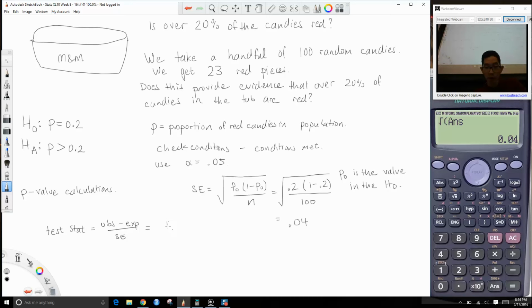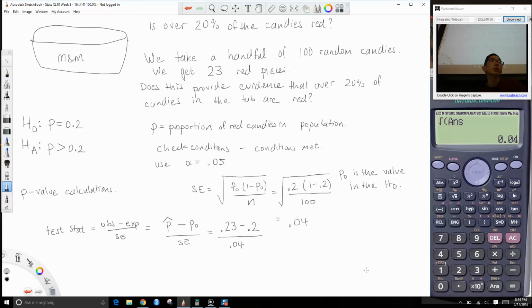So the observed value is going to be our p hat. What would we expect if the null hypothesis were true? We would expect 0.2. So I'm going to just put p0 divided by our standard error. So this is kind of the formula that appears. What we observed was a proportion of 23%. We were expecting a proportion of 20%, and we got a standard error of 0.04.